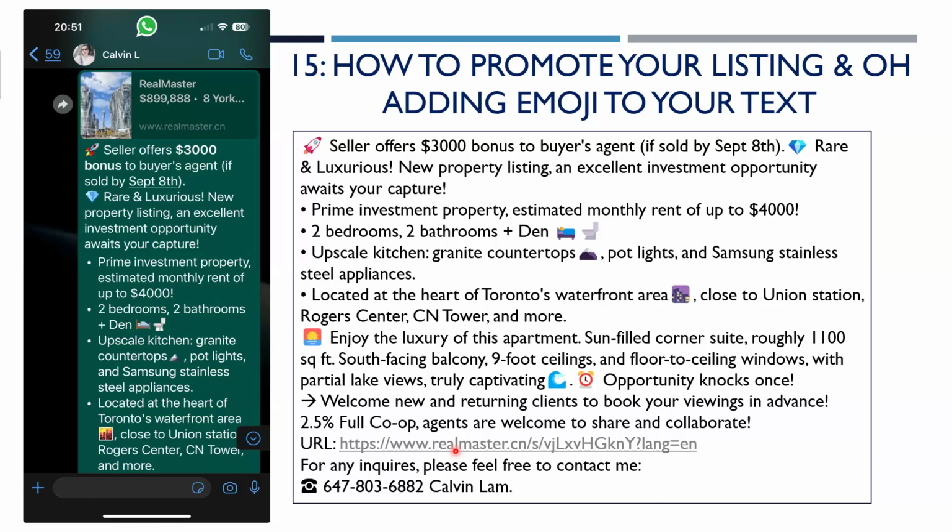For Toronto agents, most agents use this platform to post their exclusive listings. You can get the VIP version, which will cost you around $500 a year, or you can use a free version just to do a post, to write everything on the platform, and then you can post like this.